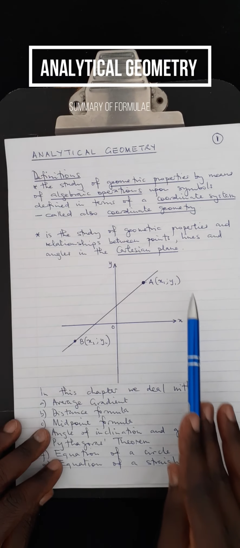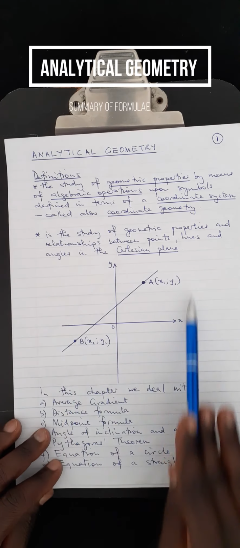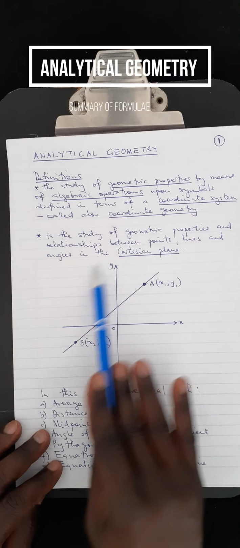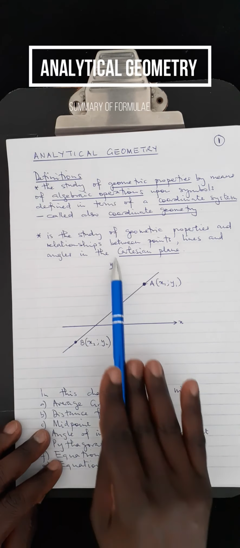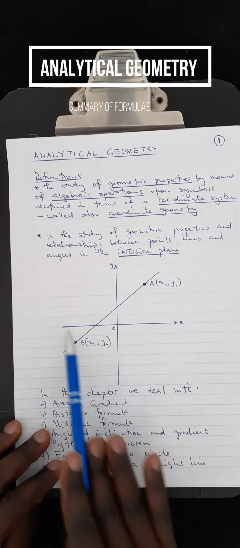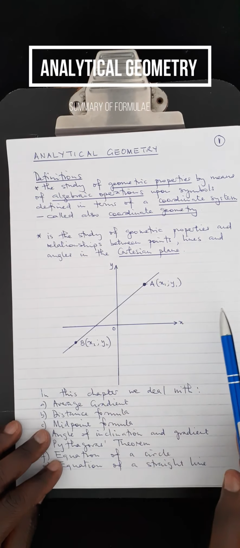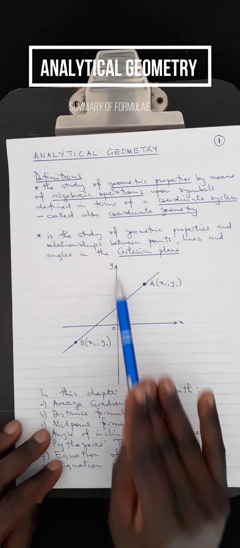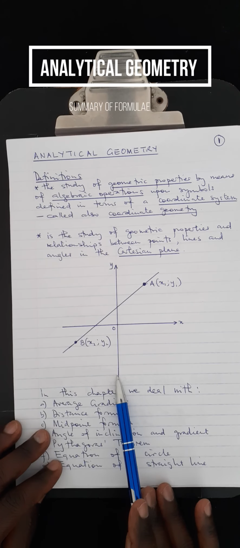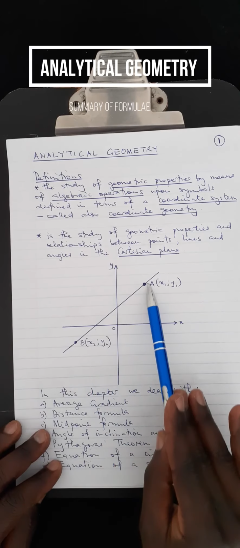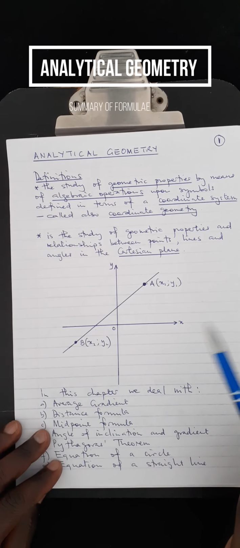The basic structure of the coordinate system is what we call the Cartesian plane. The Cartesian plane was derived by one of the mathematicians, René Descartes, and he improvised a way of allocating the position of a point using the coordinate system.